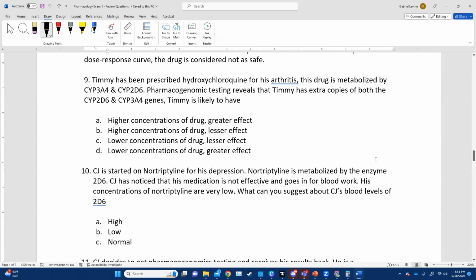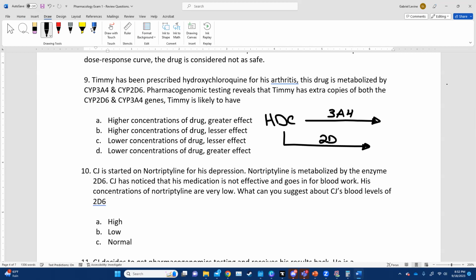Answer the question here. Timmy's been prescribed hydroxychloroquine. So he is given hydroxychloroquine, and it is metabolized by 3A4, and it is metabolized by 2D6.